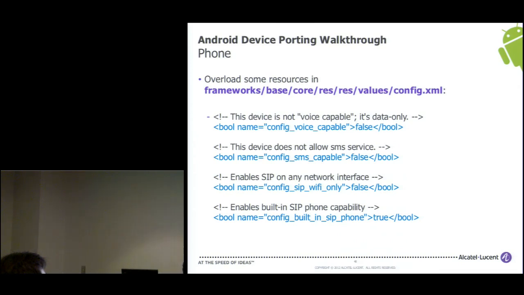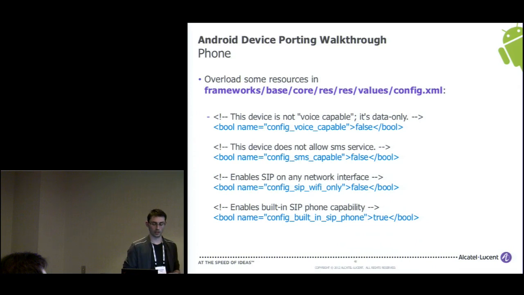So for example, we just modify the config voice capable, saying, okay, this device does not have telephony support the way that Google believes it is. We are not capable of sending SMS either. So this determines a lot of stuff in the runtime, saying what are the applications that run or not.